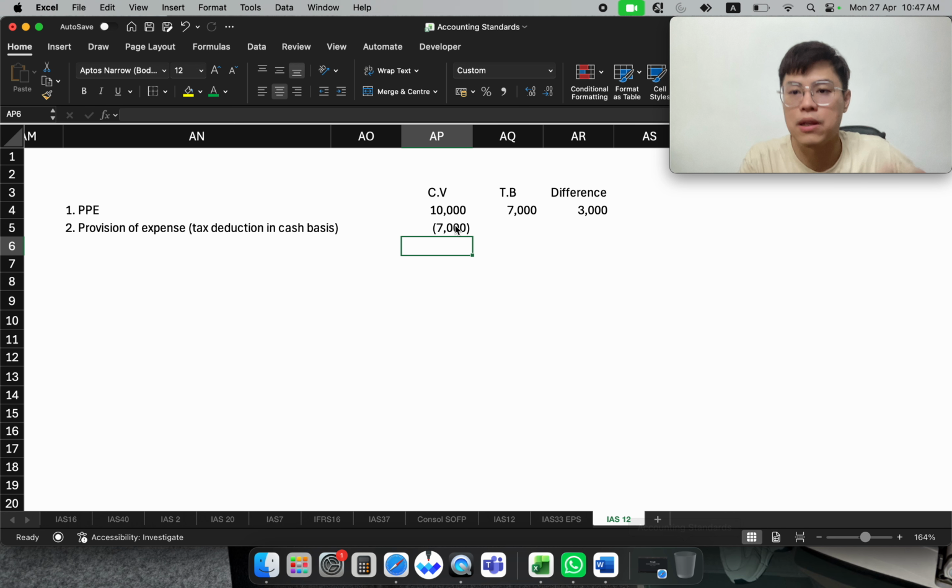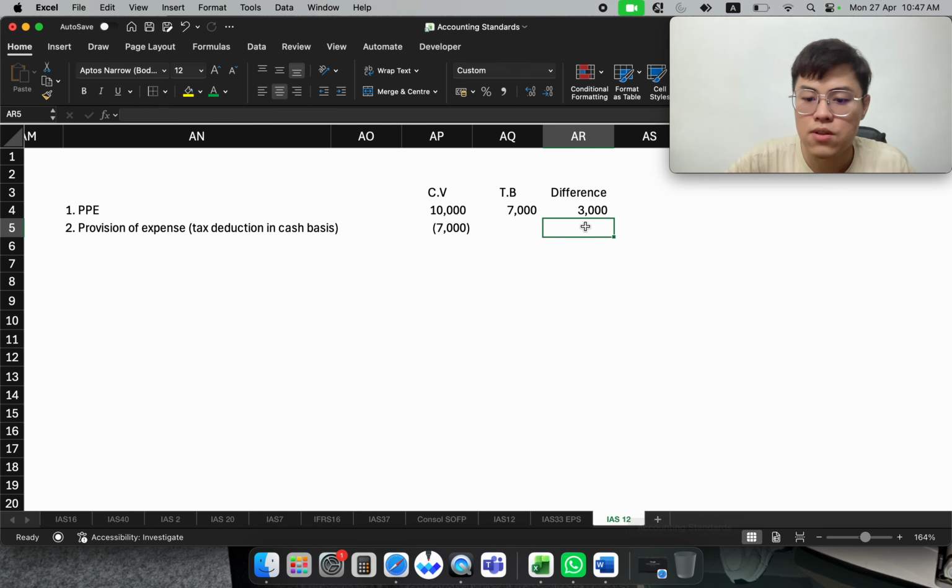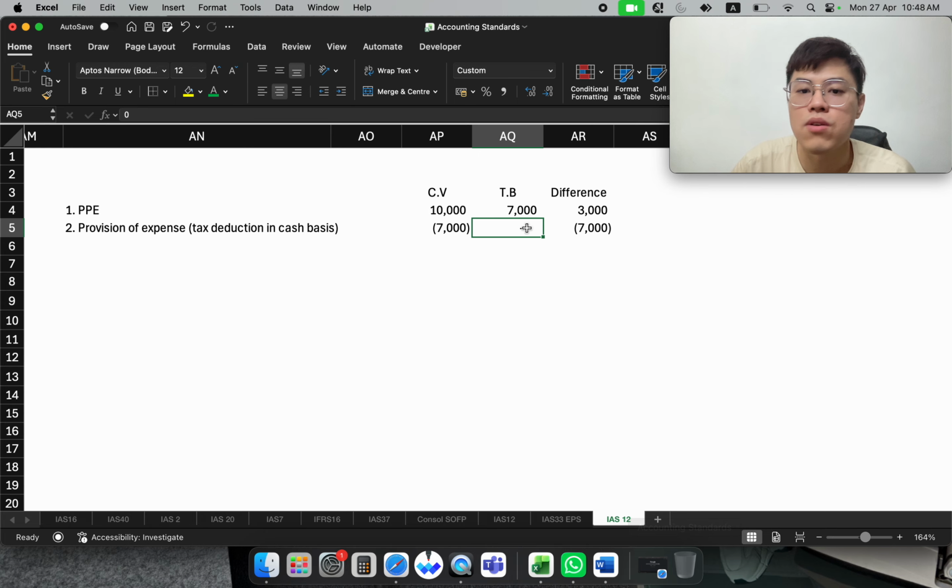You accrued now, but you haven't paid. So in future, you are going to get these deductions. So in future, your difference must be 7,000. Therefore, tax base is 0. So there is a difference, 7,000.